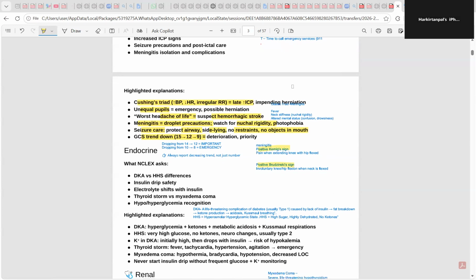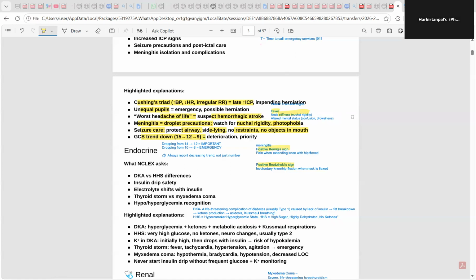For meningitis, the classic signs are fever, neck stiffness or nuchal rigidity, and altered mental status. Altered mental status means confusion and drowsiness are the main symptoms. So in a case scenario with meningitis, we always have to check for fever.